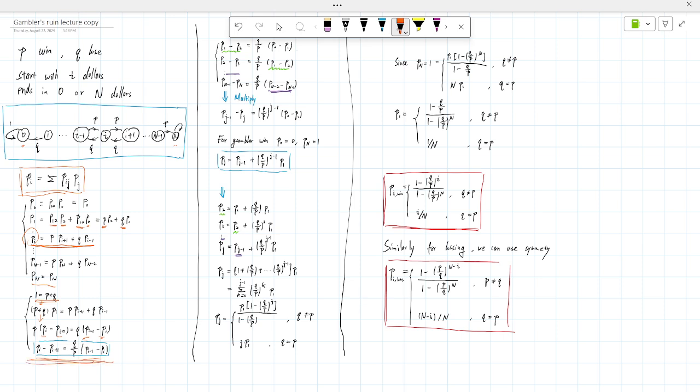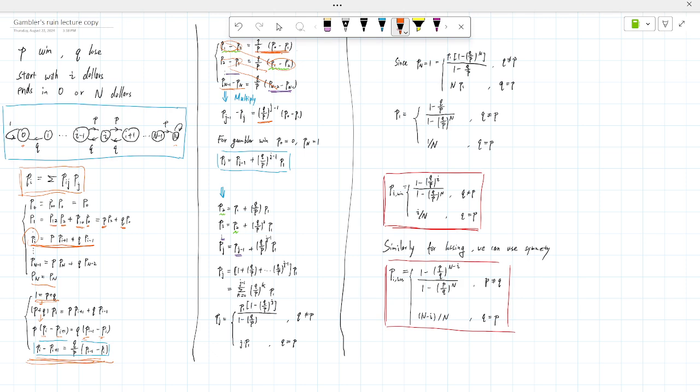Then we can start from 1 to n minus 1. Then you can see this and this can cancel out. So pretty much all of them in that format will cancel out and we are left with this and this. Essentially for any j, Pj minus Pj minus 1 equals Q over P to the j minus 1 power times P1 minus P0.